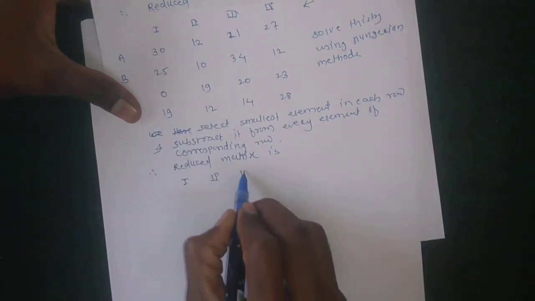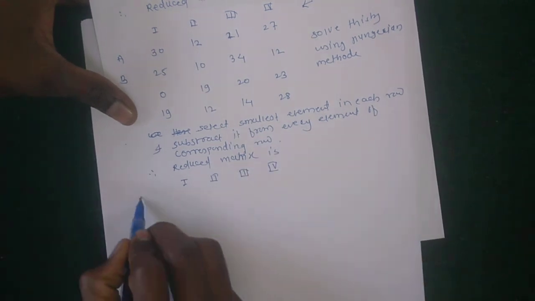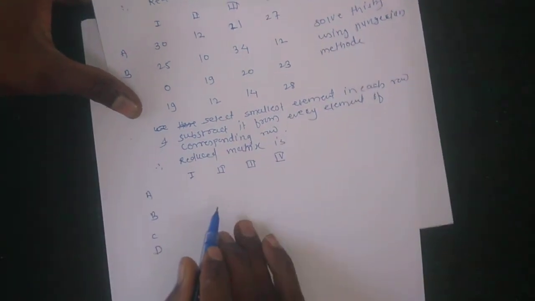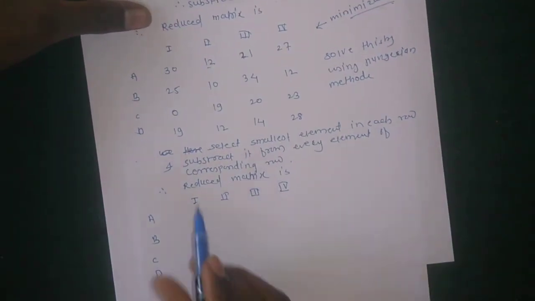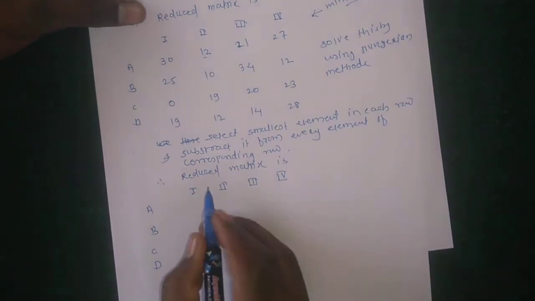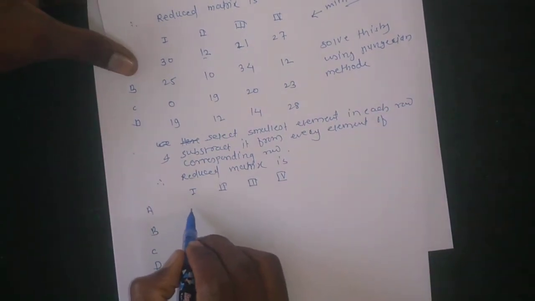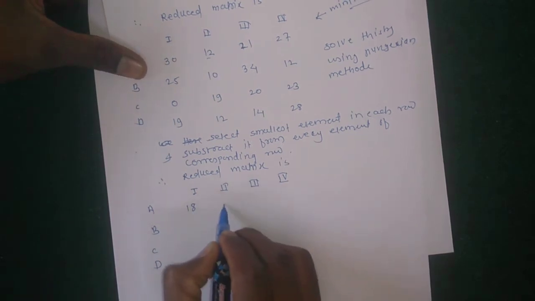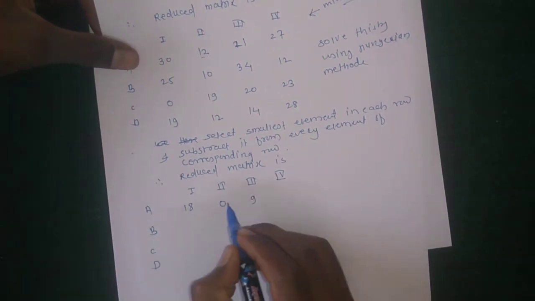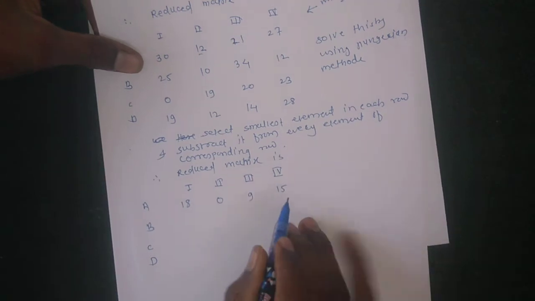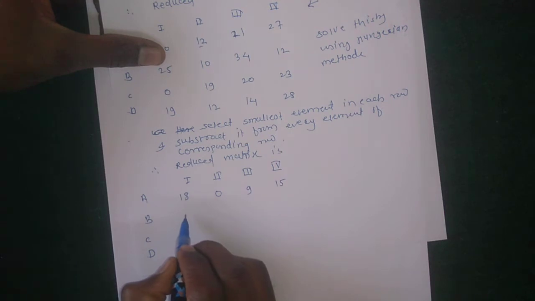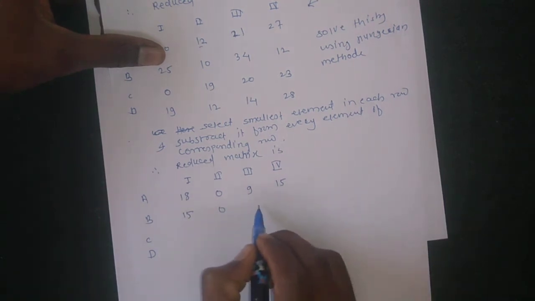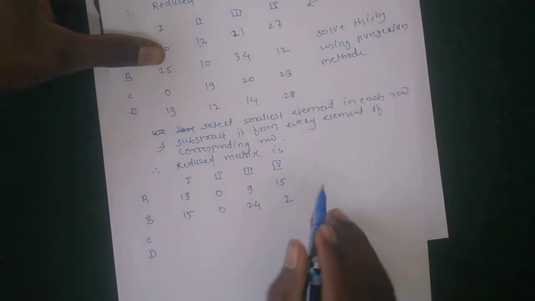In the first row, 12 is the smallest element, subtract it: 30 minus 12 remaining 18, then 0, then 9, then 15. In the second row, 10 is the smallest element, so subtract it from each element: 25 minus 10 is 15, 10 minus 10 is 0, 34 minus 24 remaining 2.